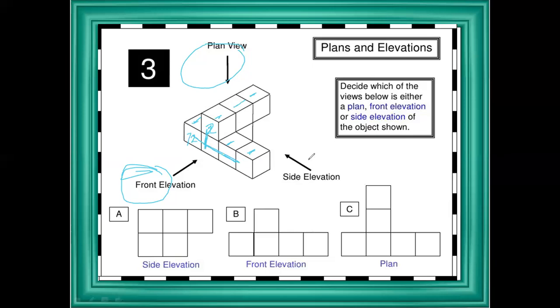And if you are on this side, how many squares can you see? Kim, continue. If you are from this side, how many squares can you see? 4? 3?